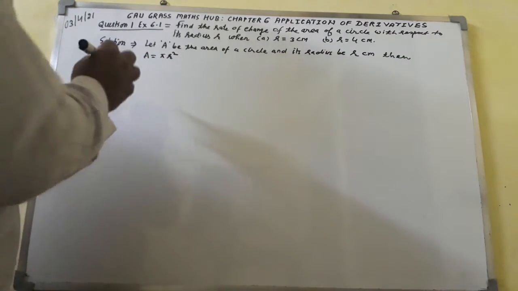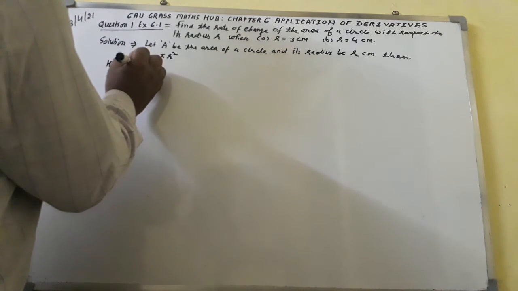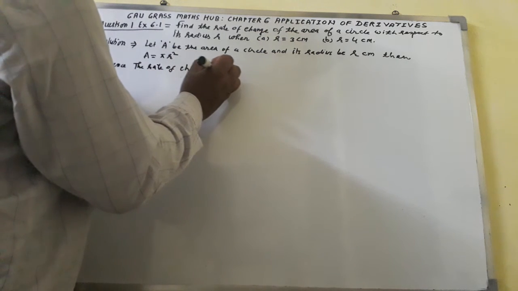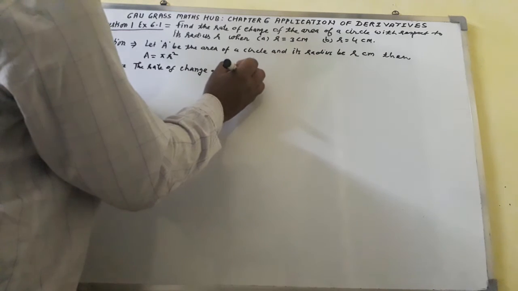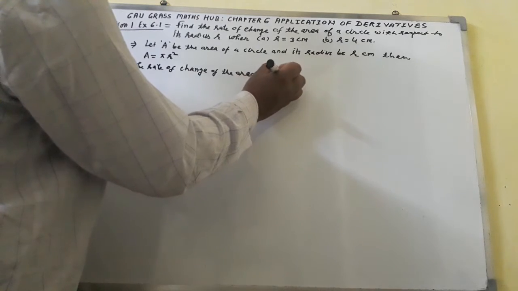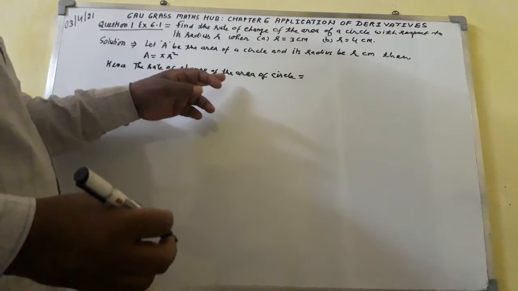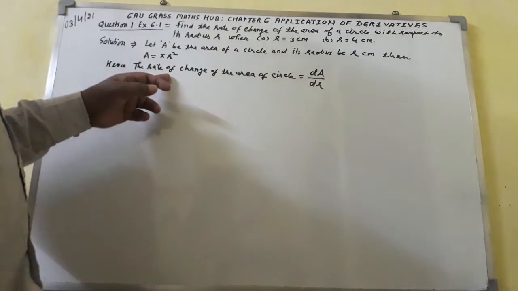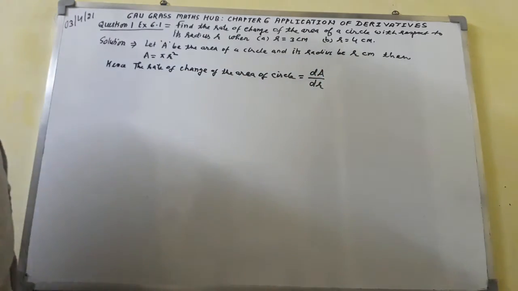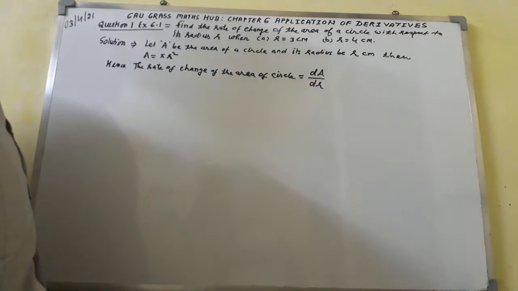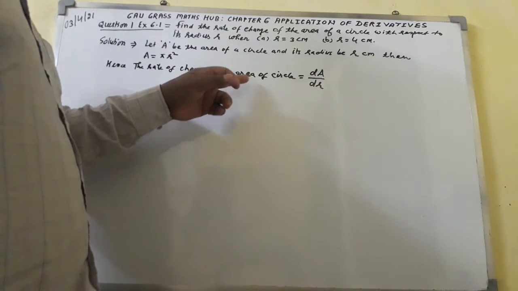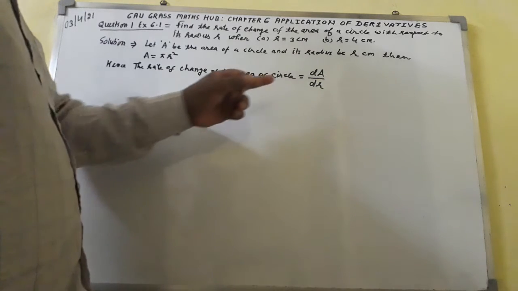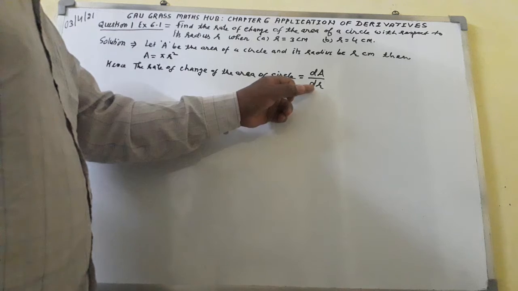So here I shall write: hence the rate of change of the area of circle is equal to dA over dr. Change of area will be denoted with dA, and here rate is written, so dr will be written in the denominator.